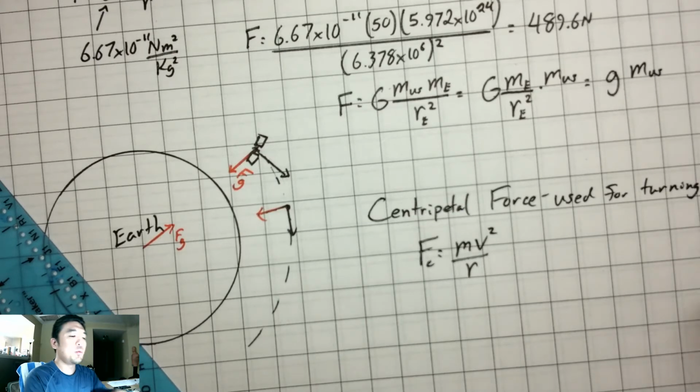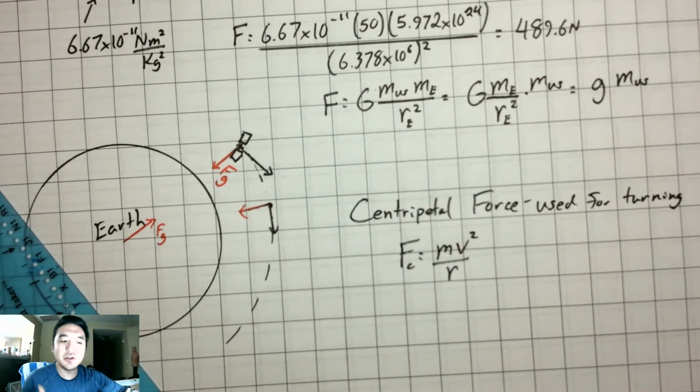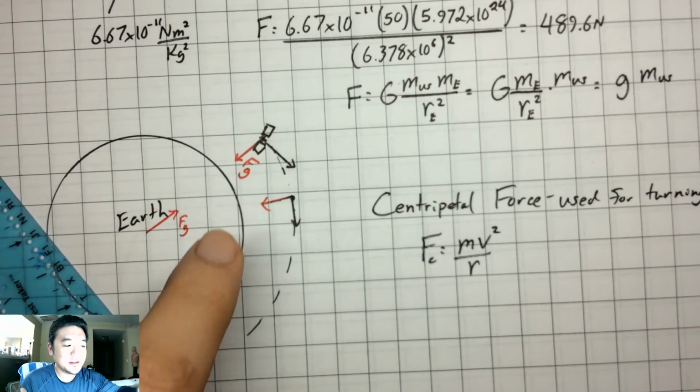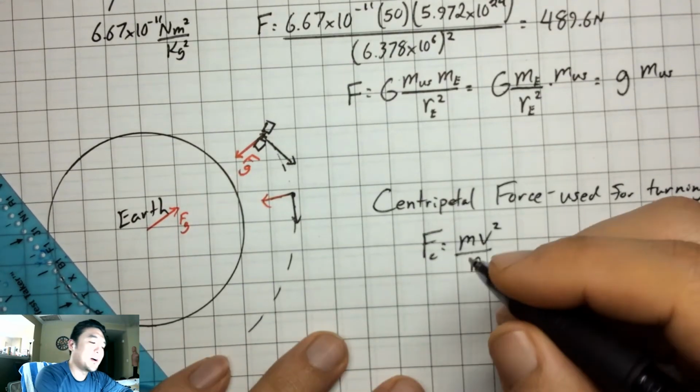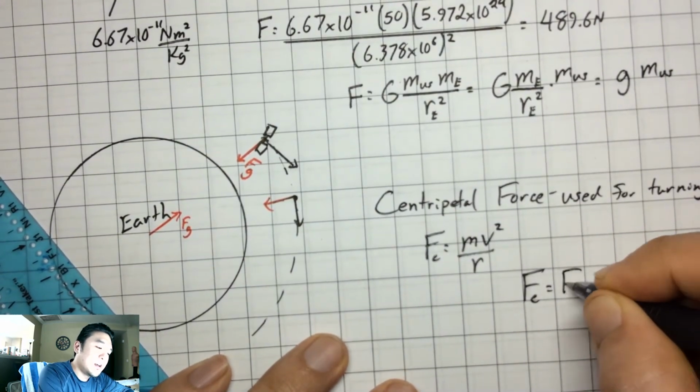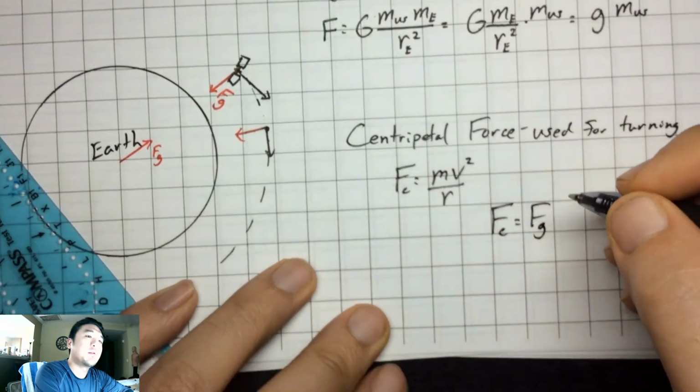So centripetal force is going to help us turn, and here the centripetal force is already in the problem. You never draw a new force for the centripetal force. It's always already there. And so the force that's turning us is going to be the force of gravity. So the centripetal force is the force of gravity in this problem.